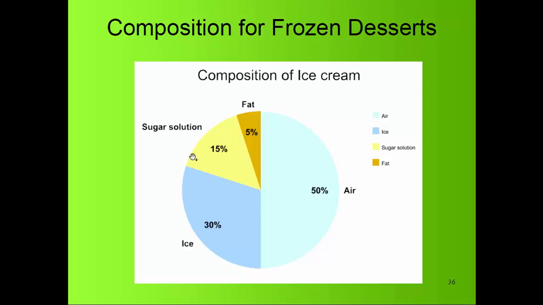This decreases as you go up the scale from regular ice cream to premium ice cream to super premium. There's about 5% fat, about 15% sugar solution, and about 30% is ice.